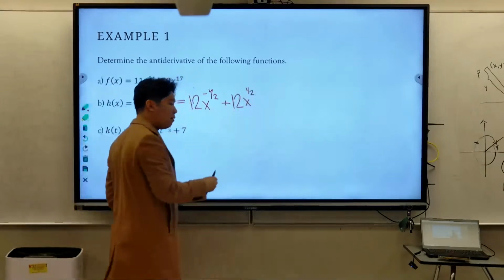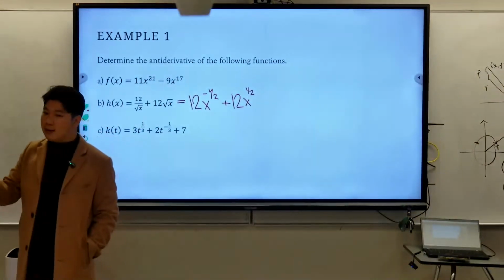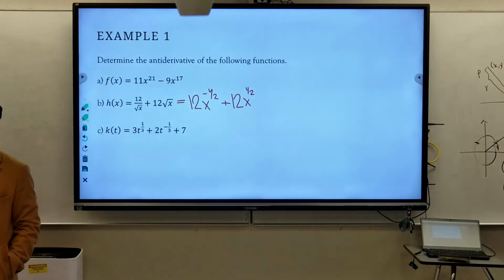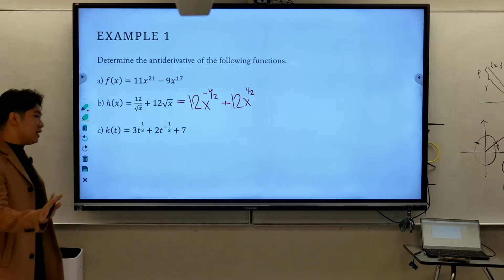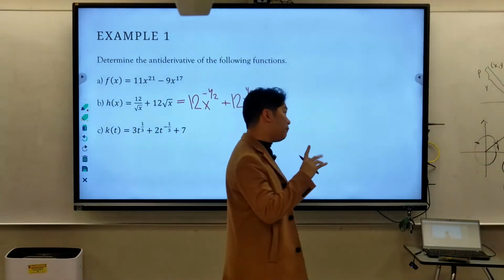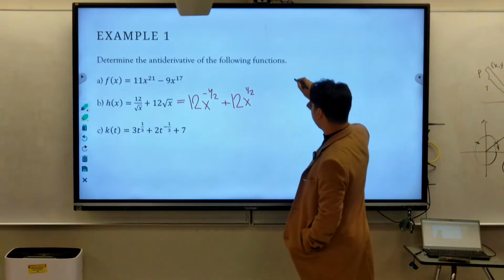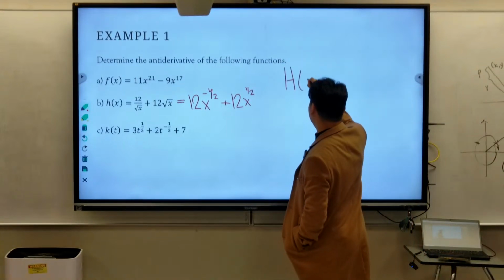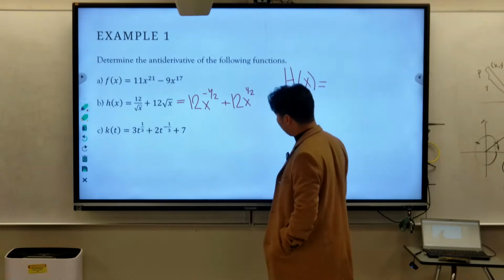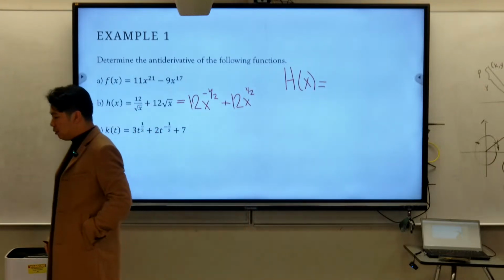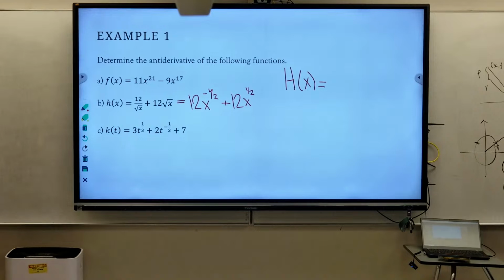Again, 1/2 because it was a square root originally. It's still a positive 1/2 because it was on the top originally anyway. So I haven't done the antiderivative. All I've done was just rewrite this for my own purposes. So let's go ahead and try to get the antiderivative of this one right here.